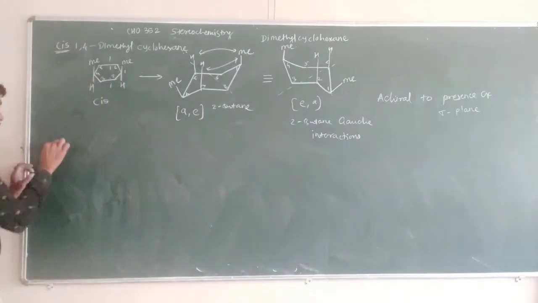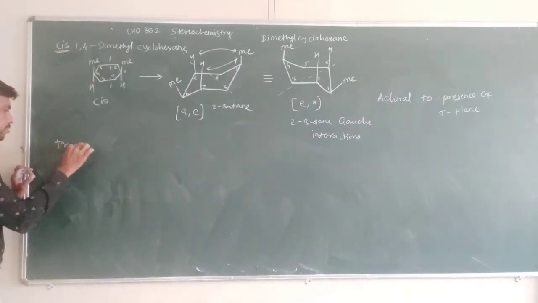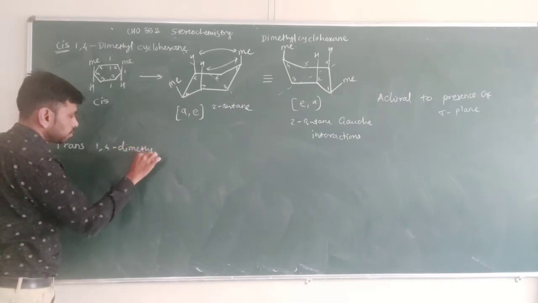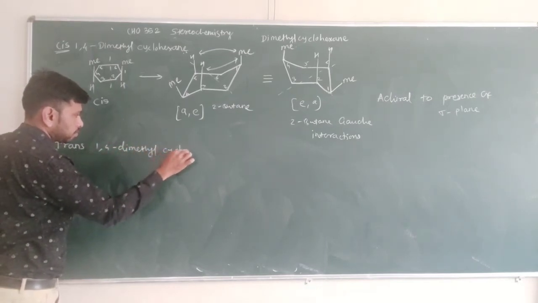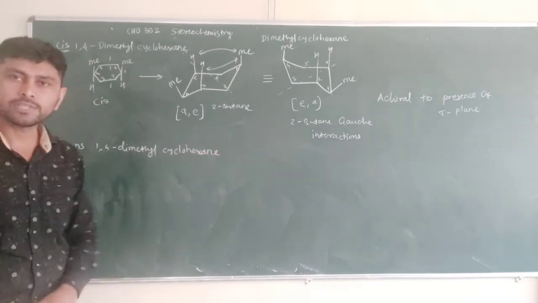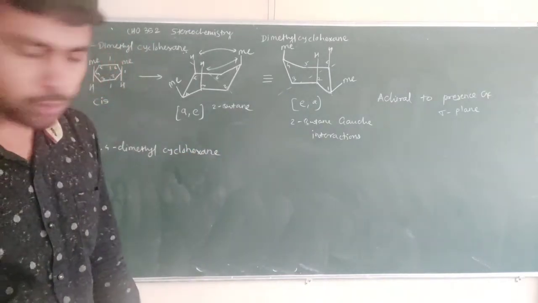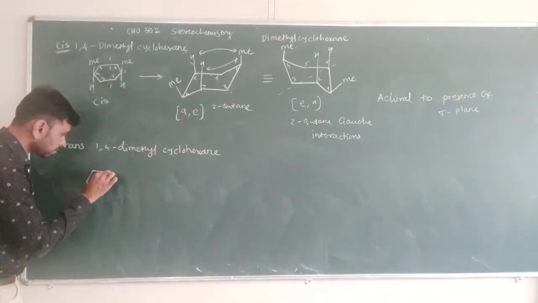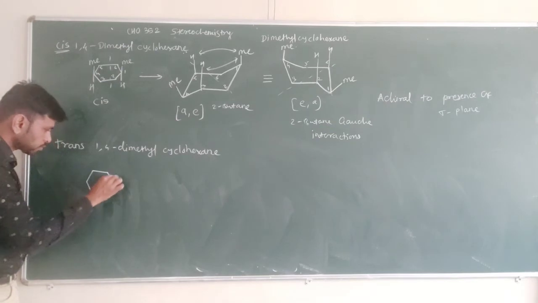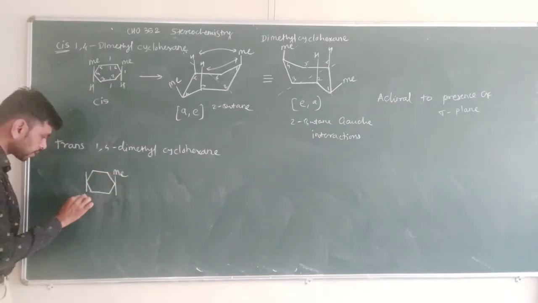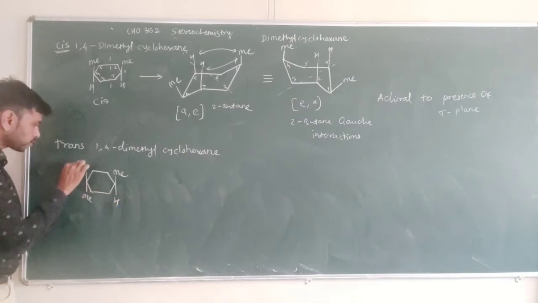See the trans 1,4-dimethyl cyclohexane. In the case of trans 1,4-dimethyl cyclohexane, see the planar structure. So at position number 1, methyl on the left side, at position 4, methyl on the downside, hydrogen.